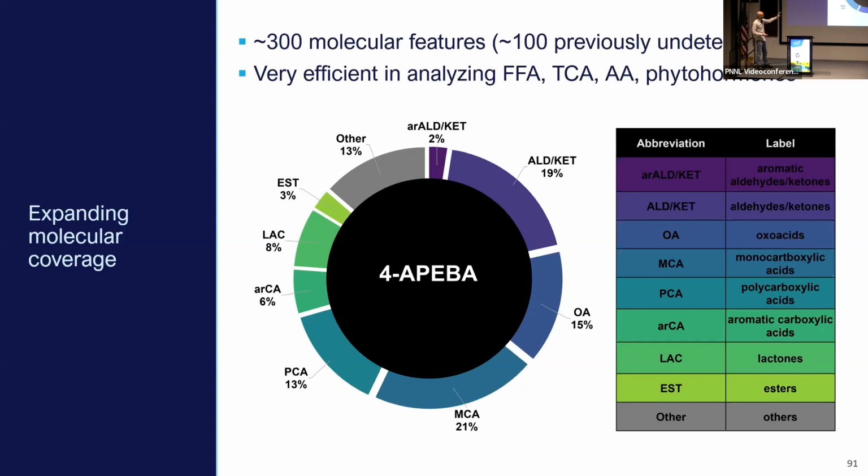And you can see that it's a little bit biased toward aliphatic carbonyls. So basically, we can analyze very efficiently free fatty acids, from short to long chain, components of the TCA cycle, amino acids, and also phytohormones. So it is biased toward aliphatic carbonyls, but we can still really efficiently ionize even aromatic carbonyls, like many of the phytohormones are.